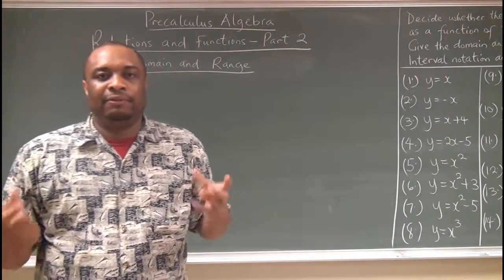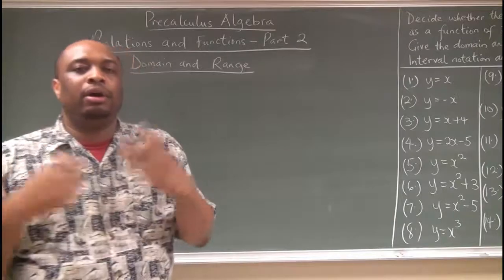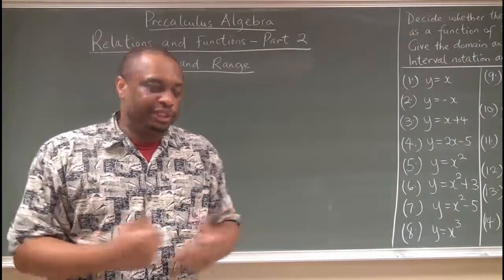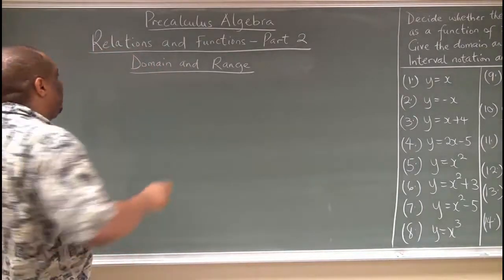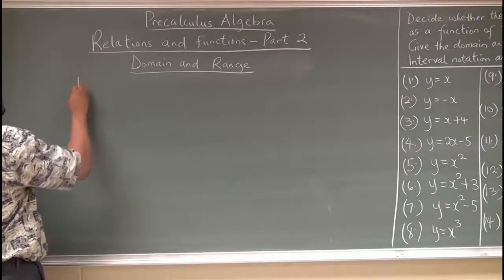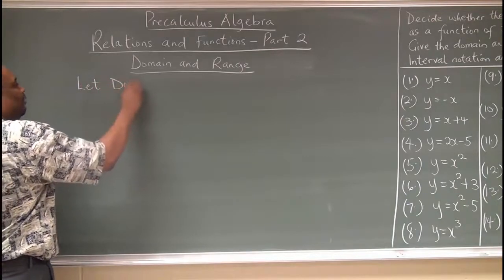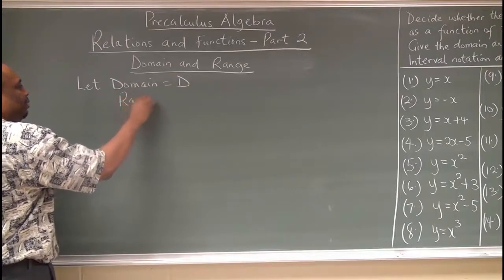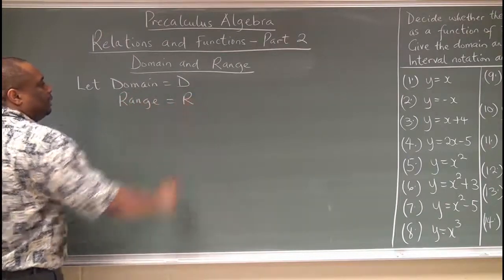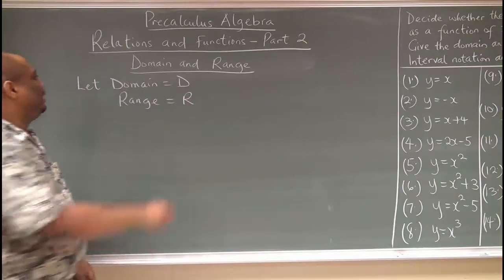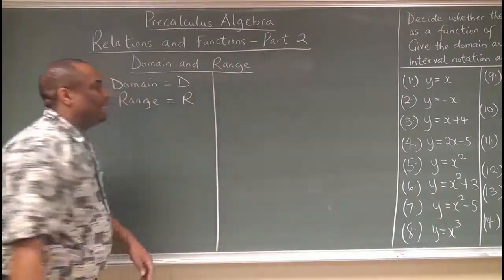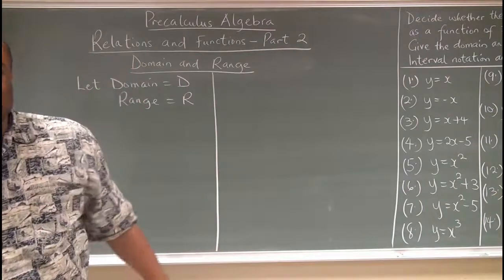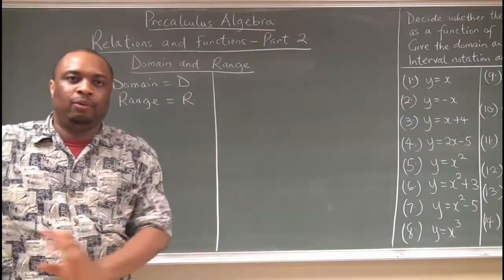And range is the set of all output values, or all y values, in the ordered pair of the relation. For now, let our domain be D, and let our range be R. That's what we are going to use in this video, so it will save us some time. Remember, the domain is the set of x values, and range is the set of y values.